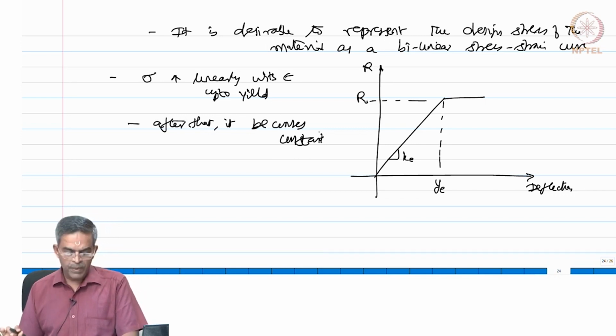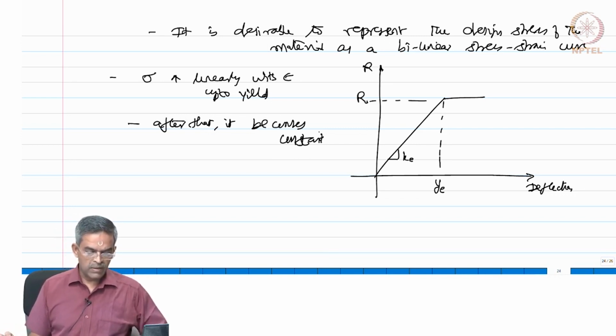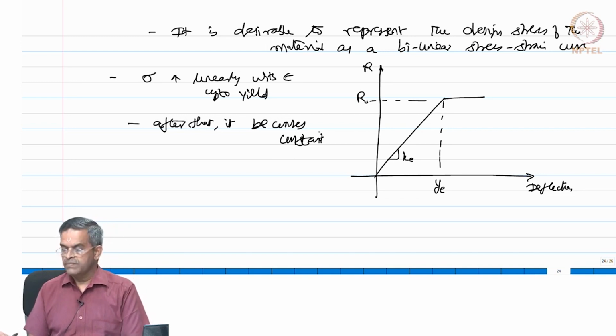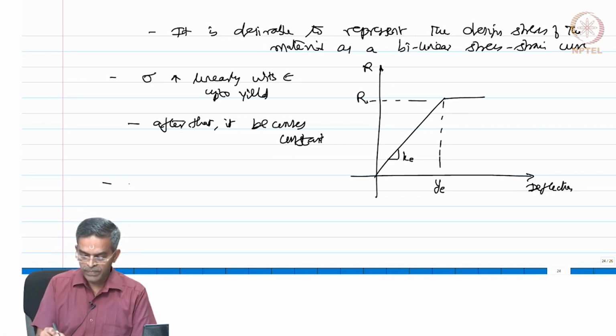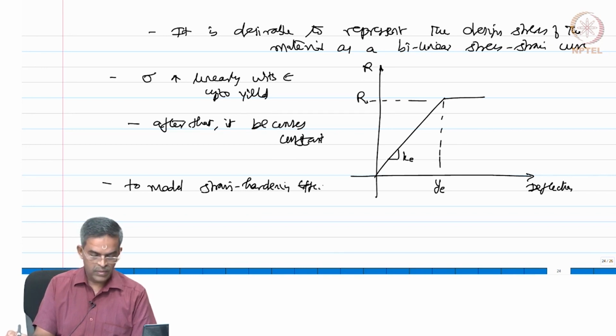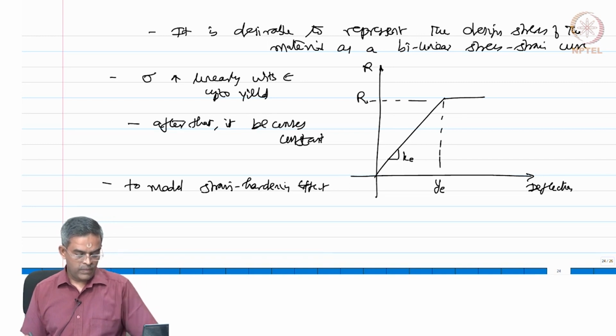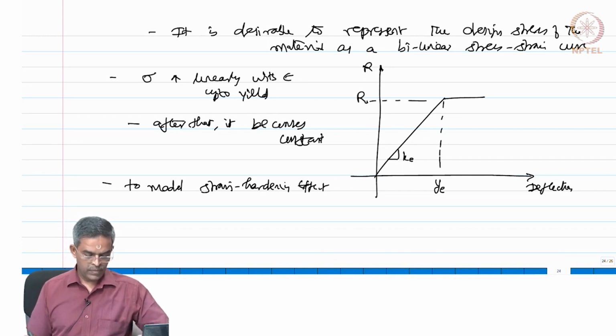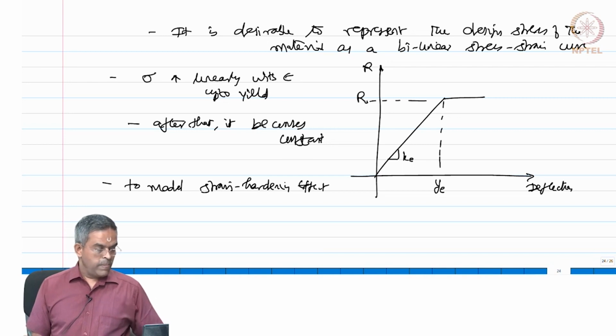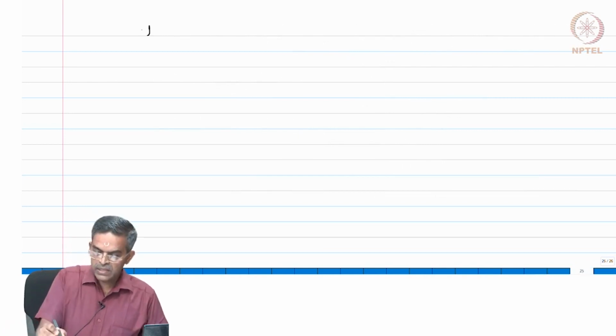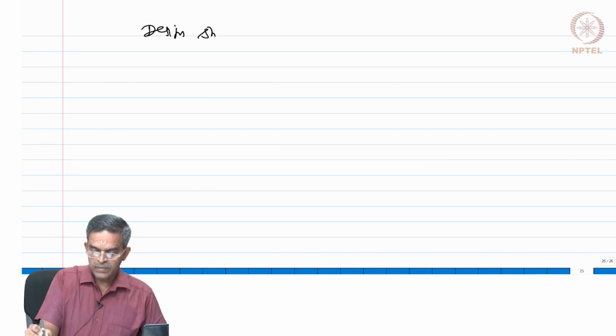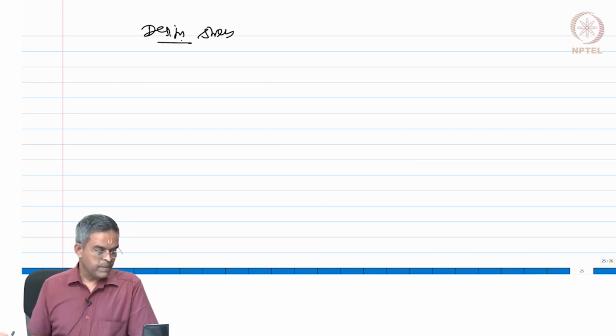This produces a simple bilinear resistance deflection curve which can be included to model the strain hardening effect. Okay. So, therefore, the design stress needs to be computed from this.